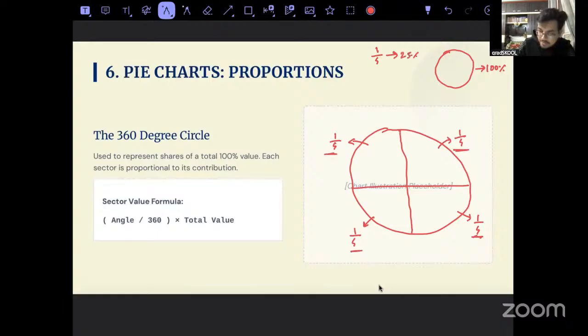Because if 1 is 100% and 1 by 2 becomes 50%, क्योंकि एक पूरा 100% है, उसका आधा अगर हम कर देंगे, that will be 100% का आधा, 100% का half, which is 50%. Then if I do 1 by 4 of that 100%, which is 100 by 4, this will be 25%. Clear? So this is how we interpret a pie chart.